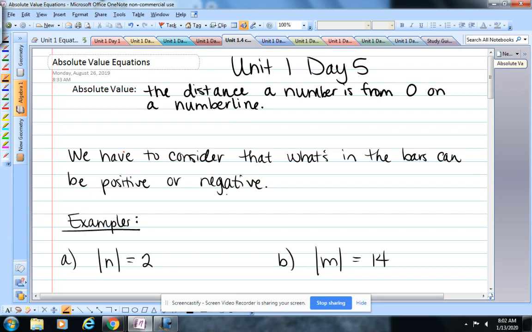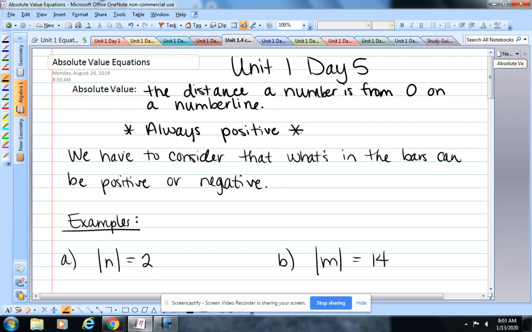It's always going to be positive. All right? The absolute value is a distance something is from 0. So that's why an absolute value can't be negative, because there's no such thing as negative distances.